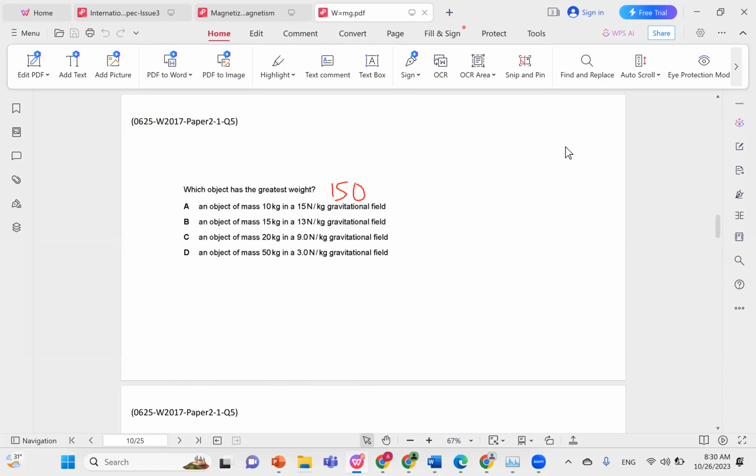And this gives us 195. An object of mass 20 in a 9 newton per kilogram gravitational field: 20 times 9 gives us 180. And finally, 50 times 3, which gives us 150. So the greatest weight here is choice B, 195.